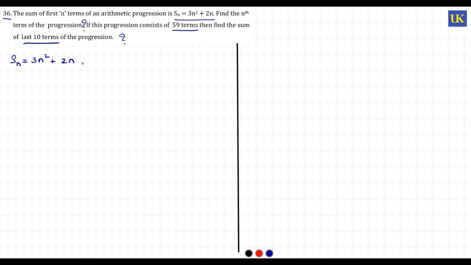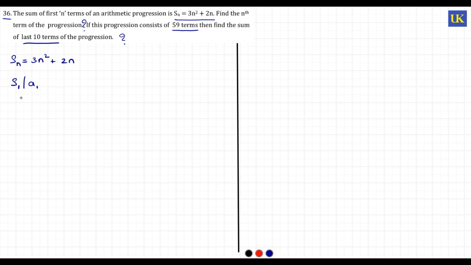And now we have to find out S1, and it also means that S1 is A1, right? First term, because if you take the sum of the first term, it will be the first term only, right? So now we'll find S1 or A1, whatever you call.